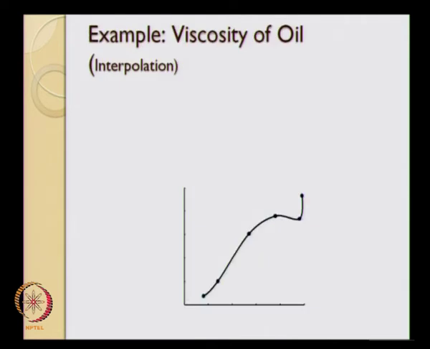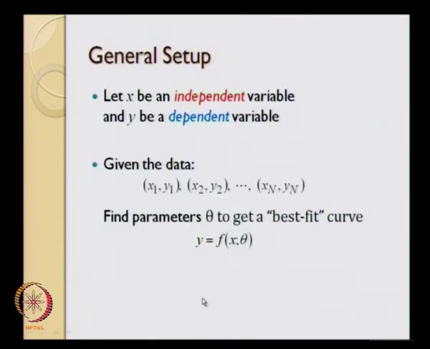So let us now formalize the way of dealing with this interpolation and regression. So we have some set of data, 6 data points in this particular case. Let x be an independent variable and let y be a dependent variable, and we have been given capital N number of data points.